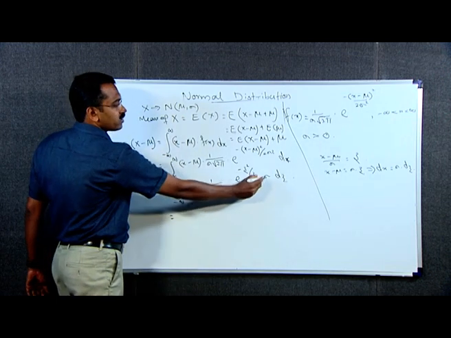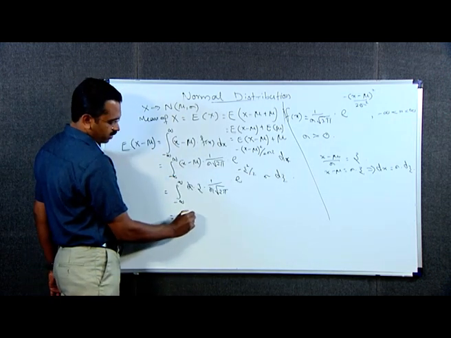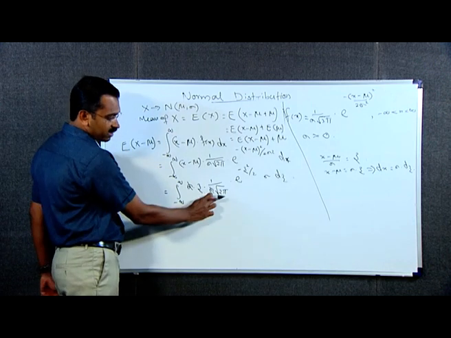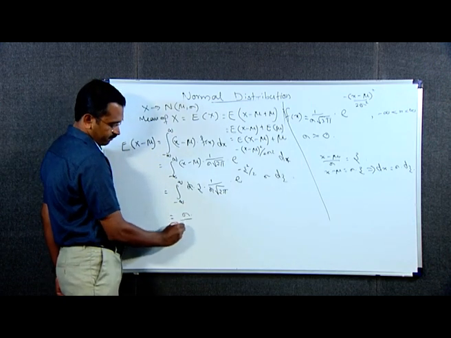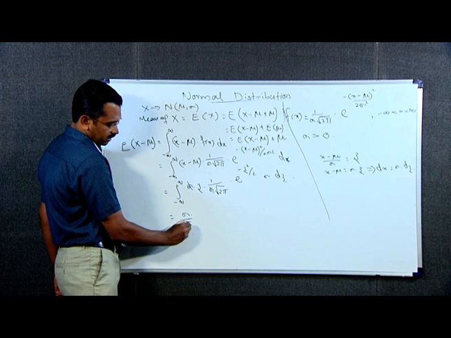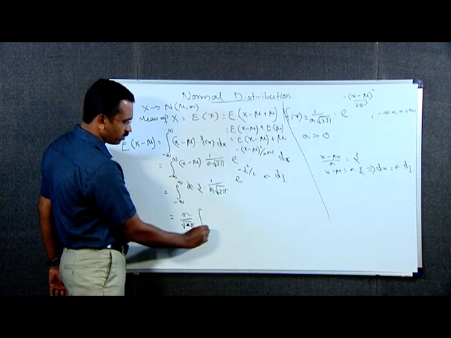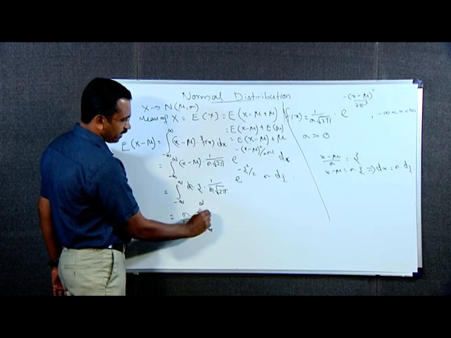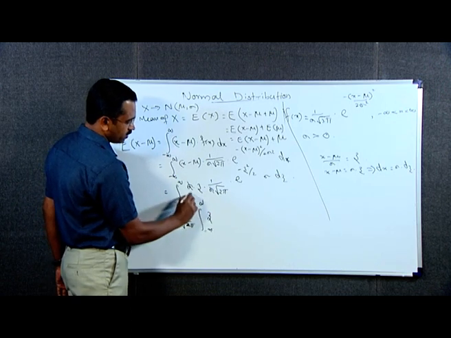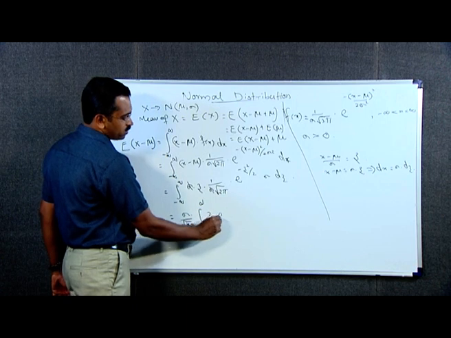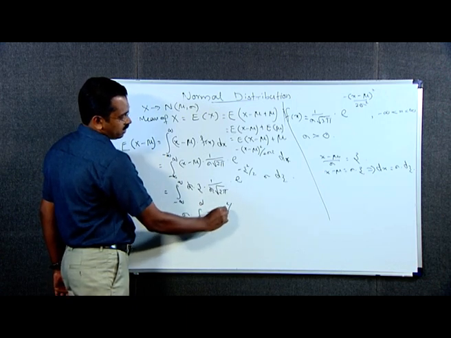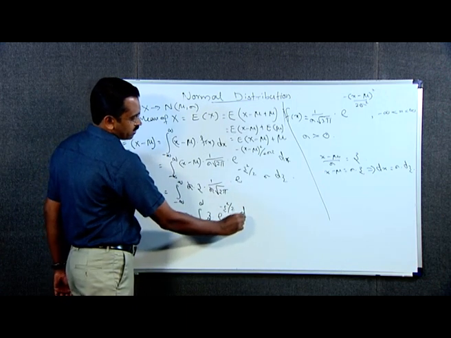The remaining are, the sigma is a constant, sigma into sigma divided by root of 2 pi. This is a constant that can be taken outside. Integral from minus infinity to infinity z into e raised to minus z square by 2 dz.